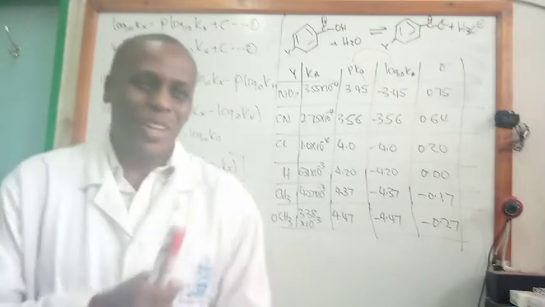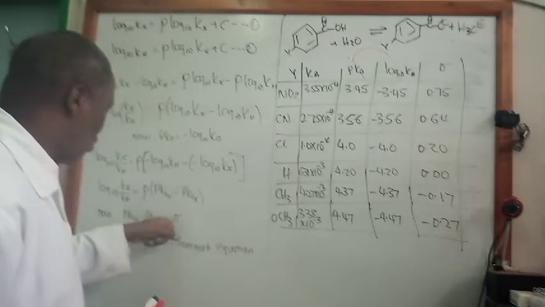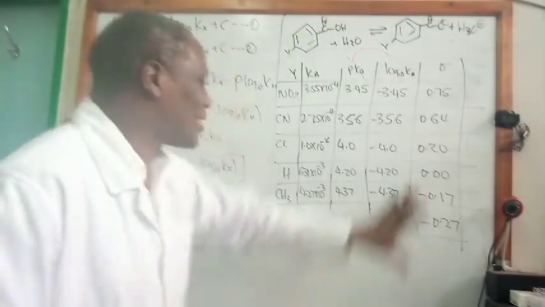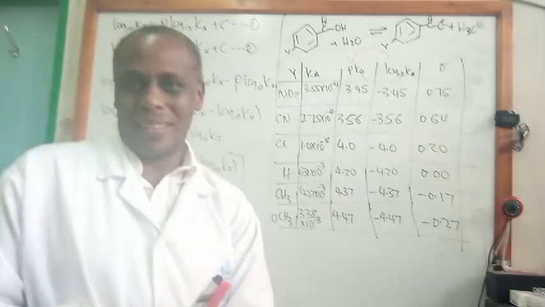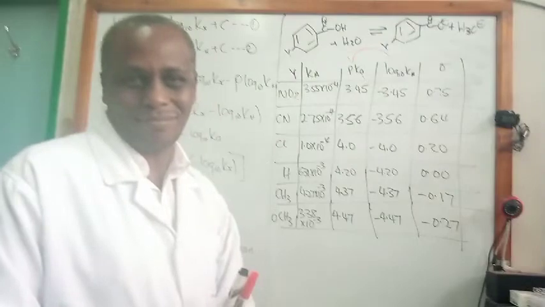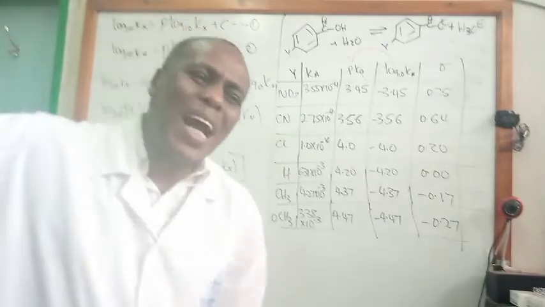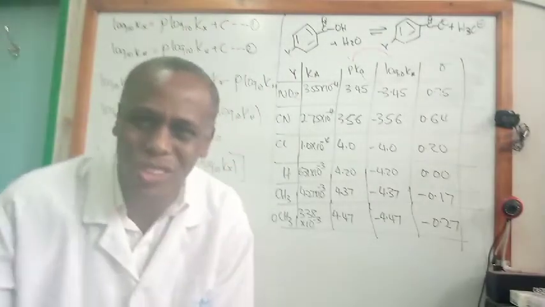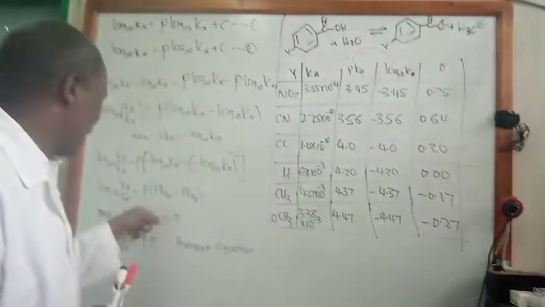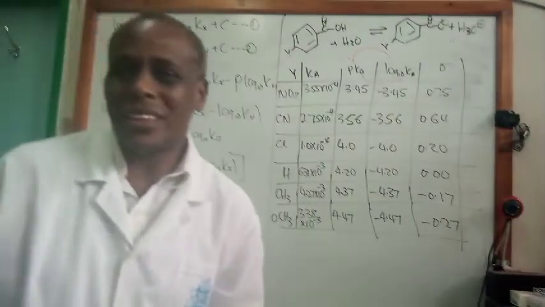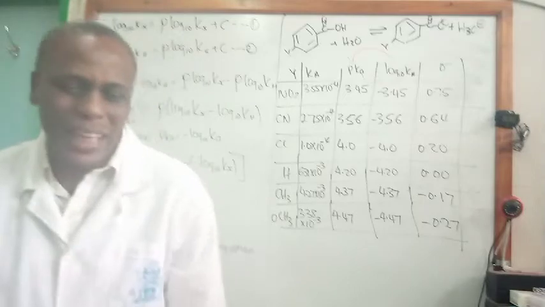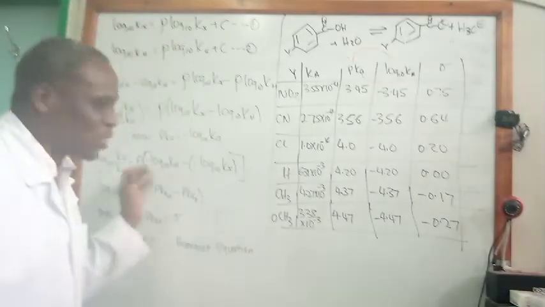So rho and sigma are not just anything to plot. Now we are focusing on the sigma, but far more information is found by studying the rho. And this is what really brought a lot of understanding of mechanism based on the Hammett equation.